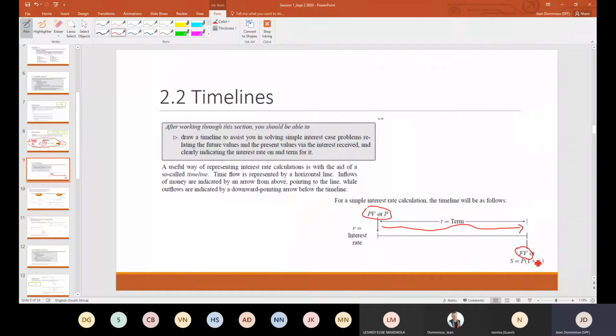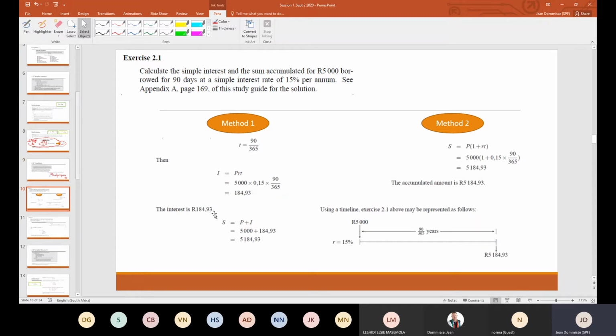When I work with compound interest in some of the other study units, I like to draw the timeline for myself as well, because it makes it easier to see where I'm going, especially if you have different periods with different interest rates. Okay, so let's do one example.